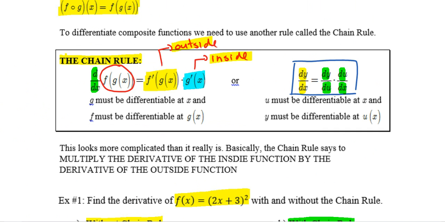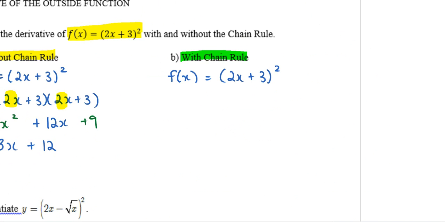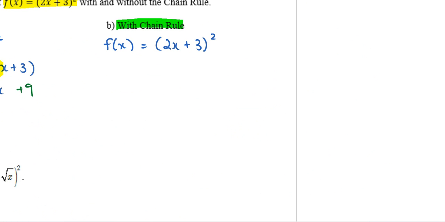Alright, so before we apply the chain rule here, let's go ahead and identify the outside and the inside functions. If you look at this 2x plus 3, this is going to be your inside function. And your outside function is, well, you don't see it right now, but since you have a 2 out here, it does mean that your outside function is going to be a quadratic.